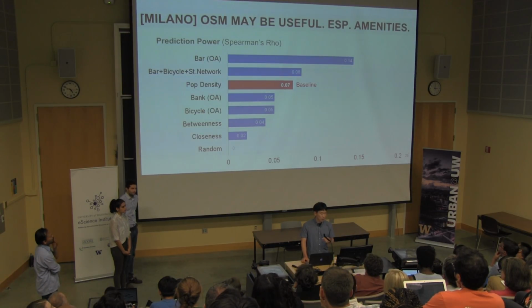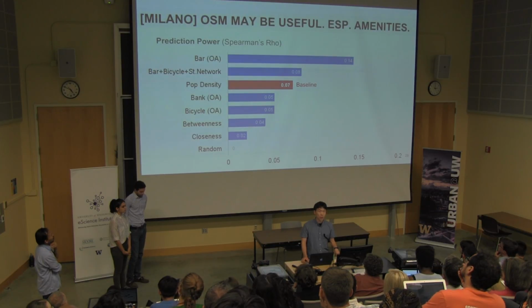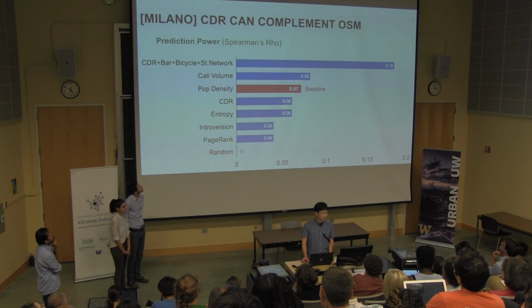Also, it is possible to create features based on bar offering advantage, bicycle offering advantage, and street network features such as closeness and betweenness centrality. But the prediction power is not that great here.